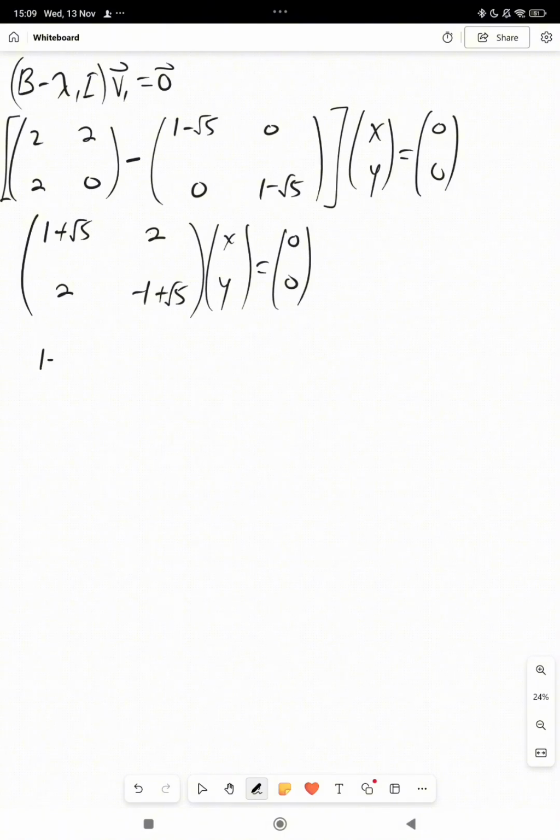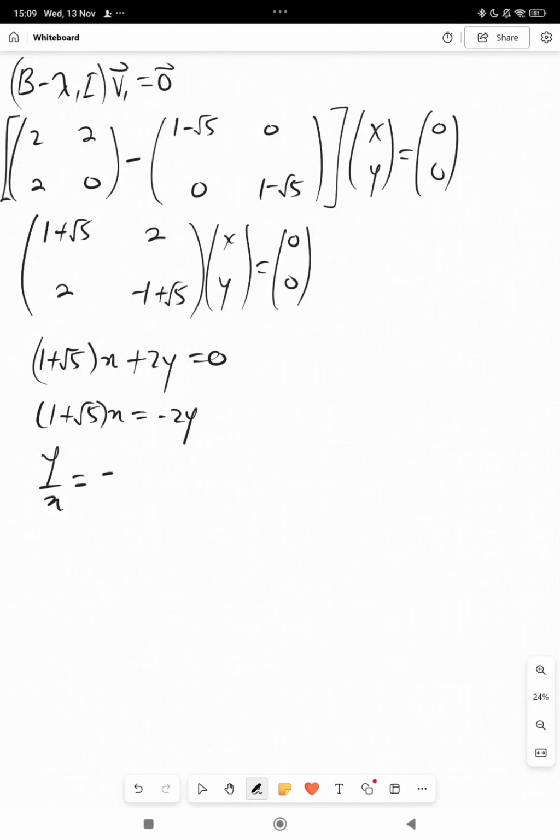So we have 1 plus root 5 multiplying x plus 2y, which is equal to 0. We have 1 plus root 5 x equal to minus 2y. So in the end, we have y divided by x equal to minus 1 plus root 5, all divided by 2.